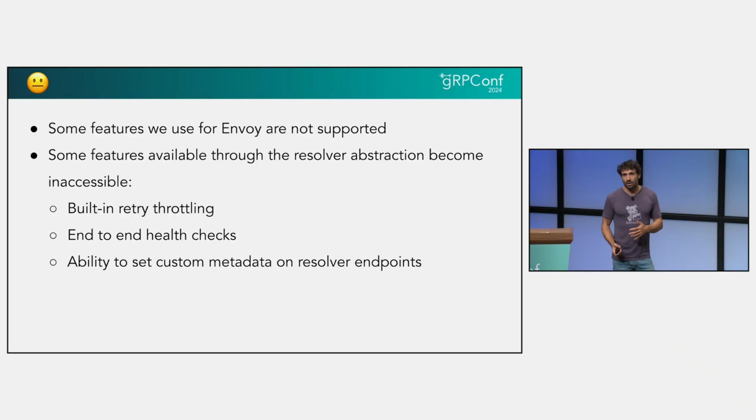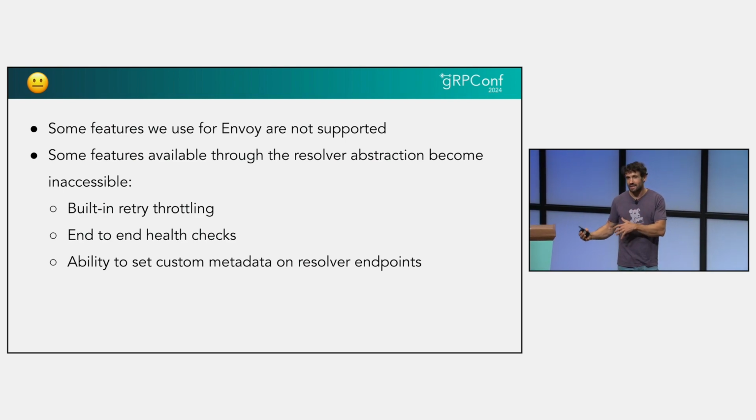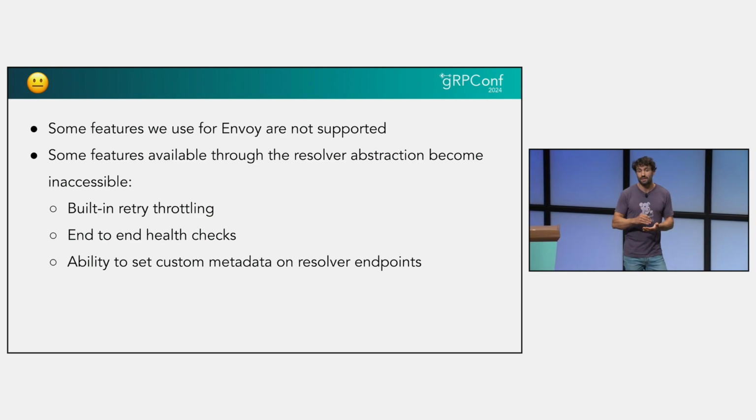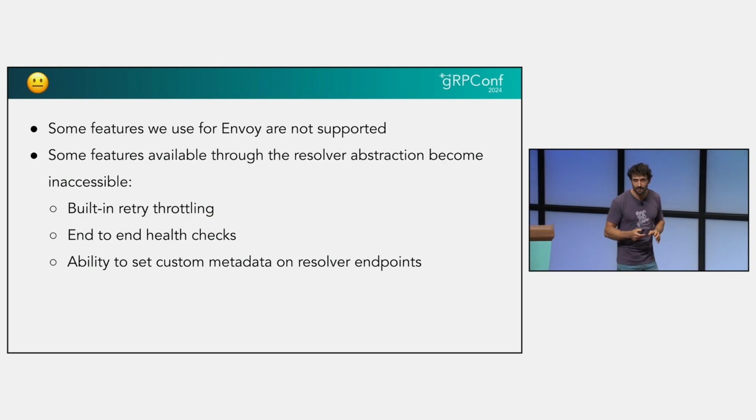Another thing is that some features that are available through the resolver abstraction become inaccessible as you're using xDS. And they fall into two categories. One of them is those that are configured directly through the service config and that are not yet available through xDS. So you will lose some features, if you use xDS instead of a custom resolver.